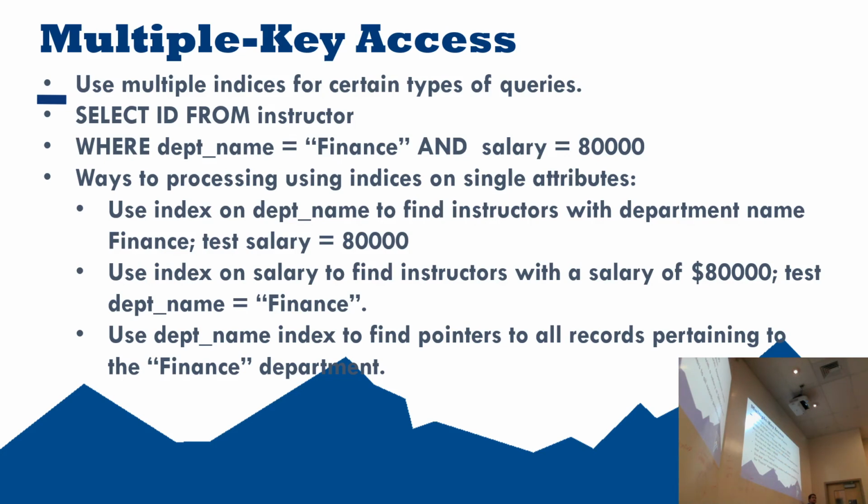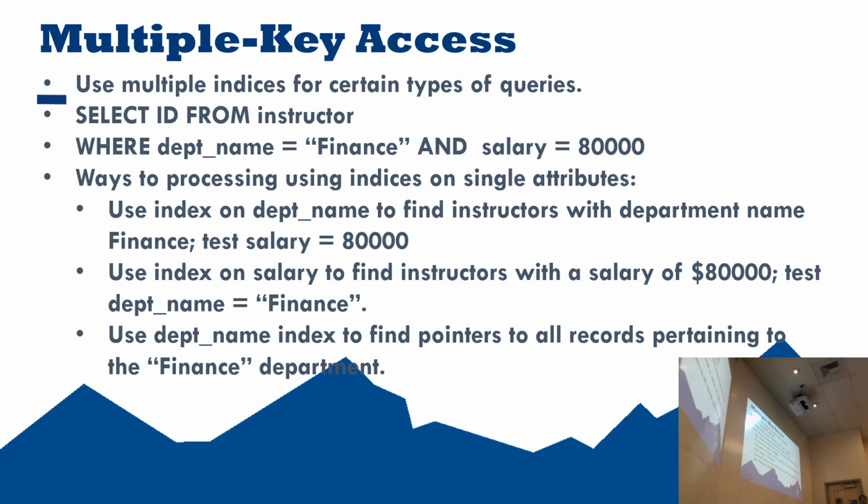Again, we have several different ways to do this. If we're trying to find where department name is finance and the salary is equal to 80,000, we have three ways to do it. First, we could find all the instructor names that are in finance, and then see which of those has a salary of 80,000.